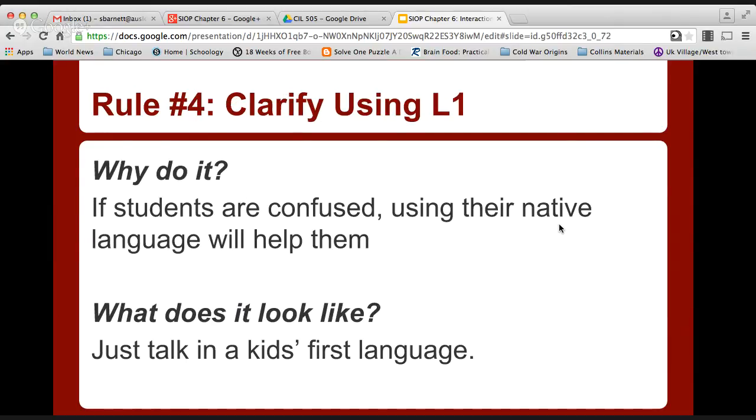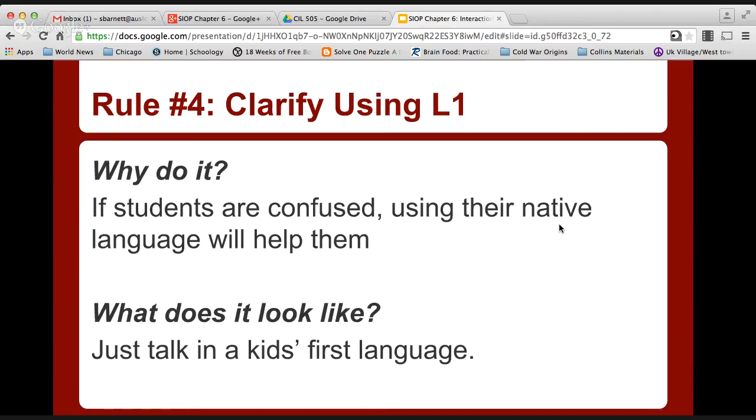Last rule here: clarify, or provide opportunities for students to clarify, questions they have using their native language, L1. Why do that? It seems obvious, but if kids are confused about what you're doing, they're going to be able to ask questions and better access what's going on if you are communicating with them in the language with which they are most comfortable.